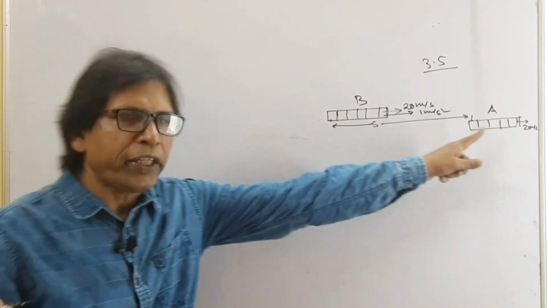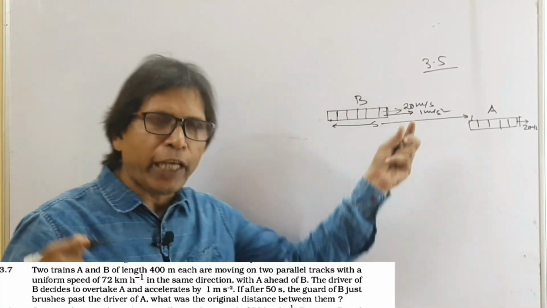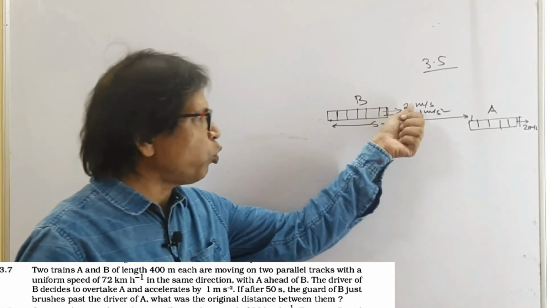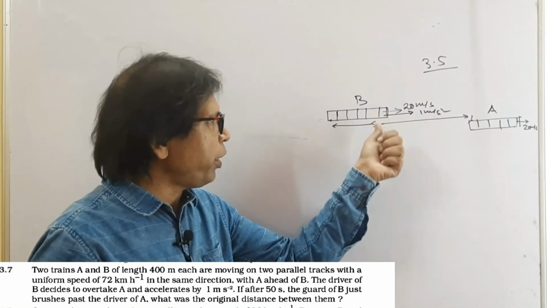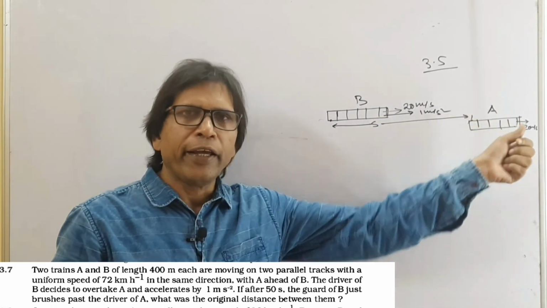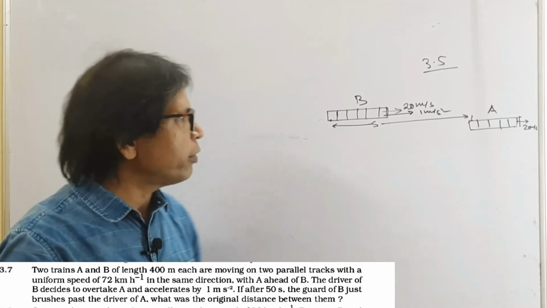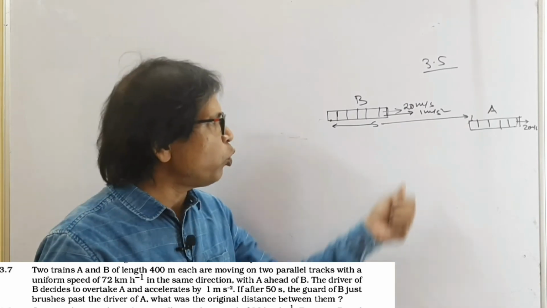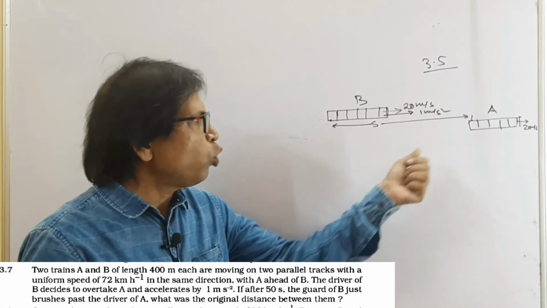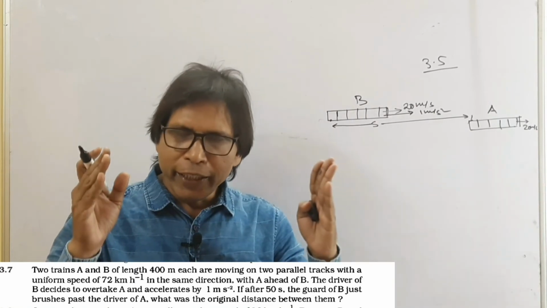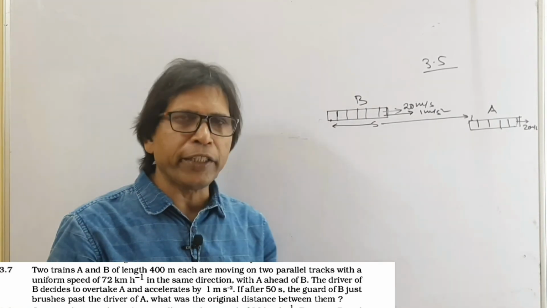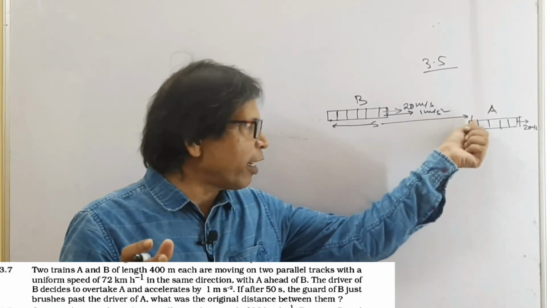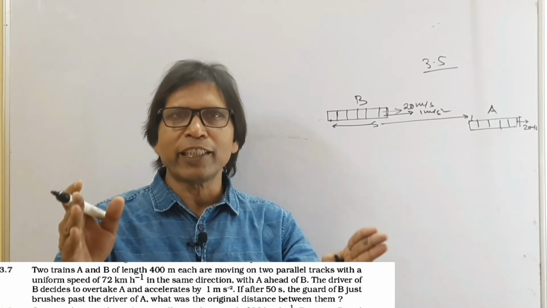Two trains A and B are moving with 72 km per hour. 72 km per hour means 20 meter per second. The driver of B decides to overtake A. The driver of B accelerates with 1 meter per second square to overtake A. Find the initial distance between the two trains if in 50 seconds the guard of B brushes the guard of A. Find the initial distance of separation.